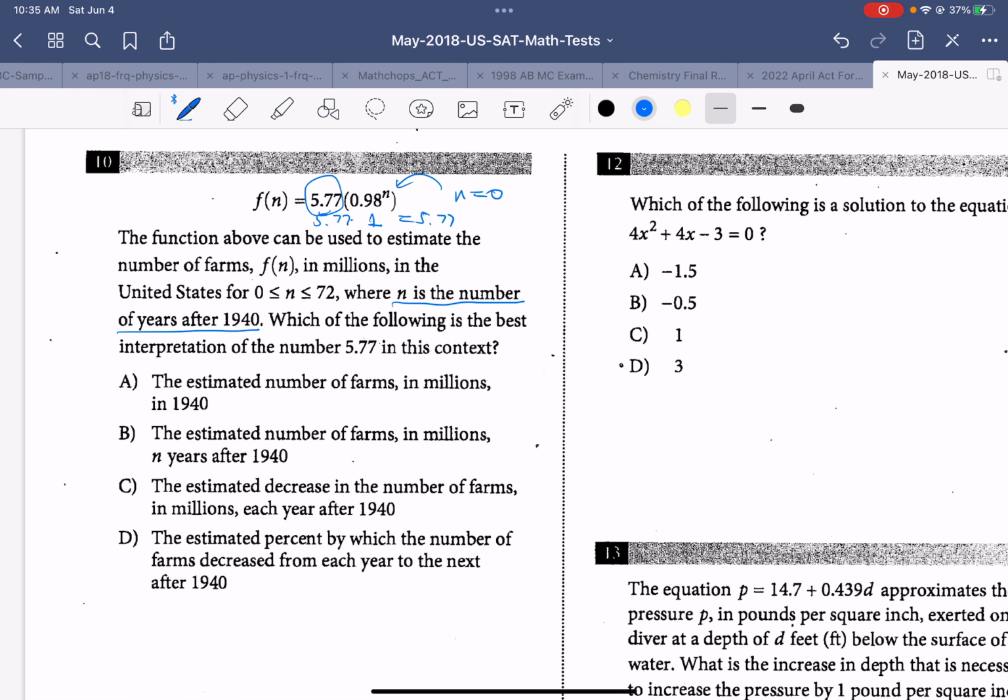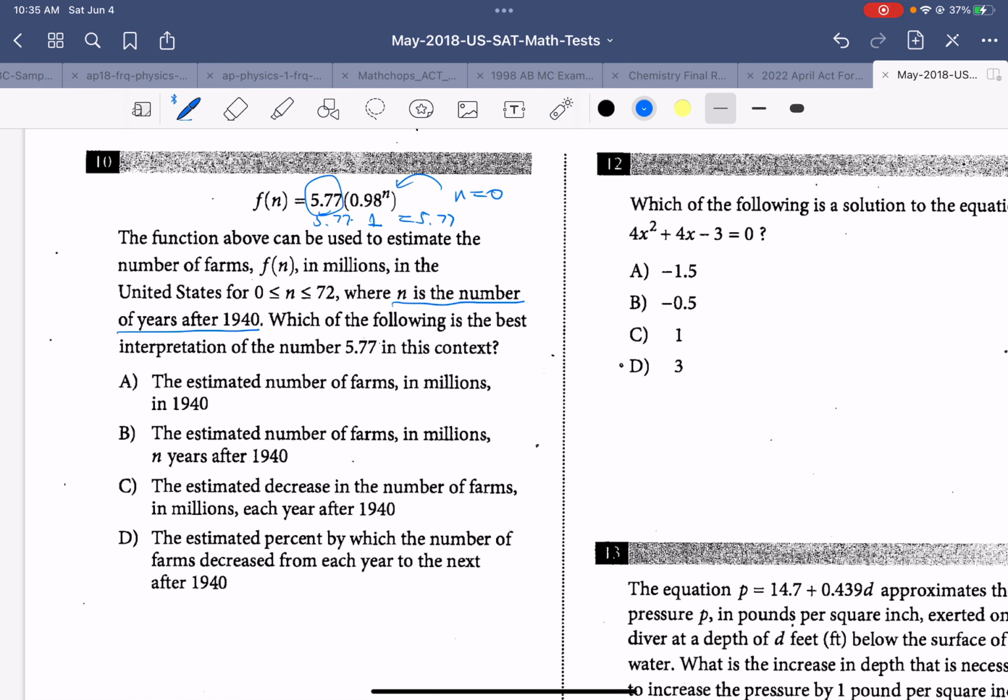That means the year 1940. So that stands for 5.77 million, the number of farms in 1940. So if you look at the answer choices, it should be A. That is the estimated number of farms in millions in 1940. Okay. Now let's move on.